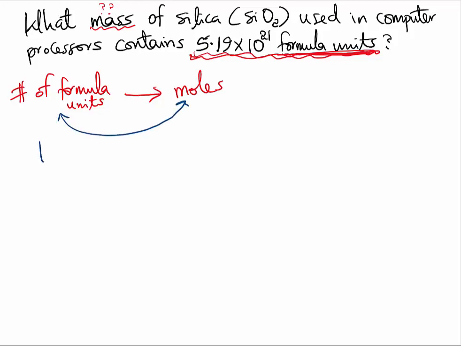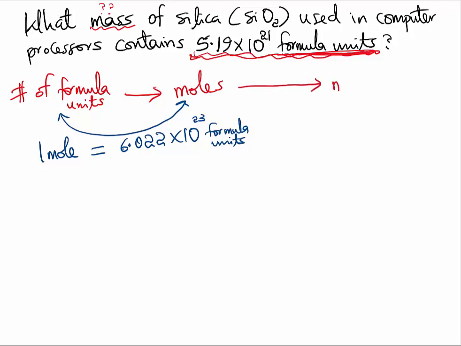We know that 1 mole will contain 6.022 times 10 to the power of 23 formula units. And then we can change the mole to mass. We know that 1 mole will be equal to the molar mass in grams.